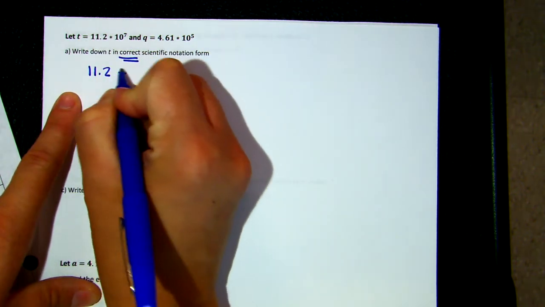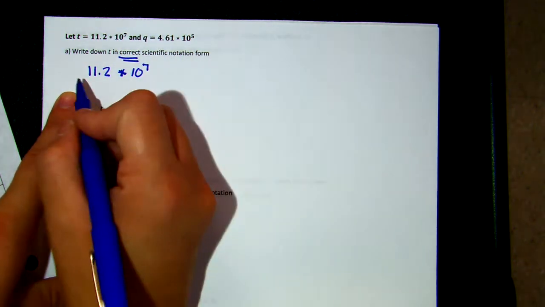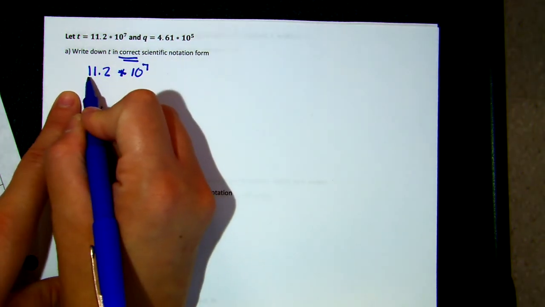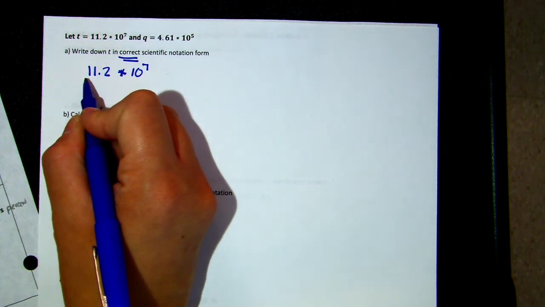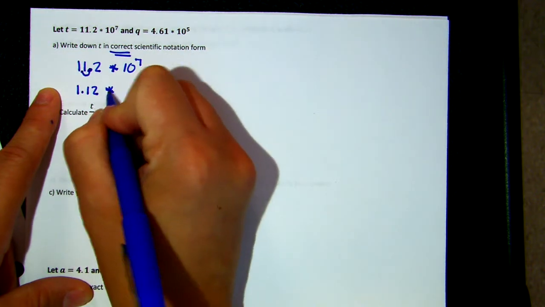When we're looking at T, we've got 11.2 times 10 to the 7th. Reminder, in scientific notation, we can only have one number to the left of the decimal. Here we have two numbers to the left of the decimal. Okay, so we want to make sure that we're moving this decimal point one more to the left so that we have 1.12 times 10.